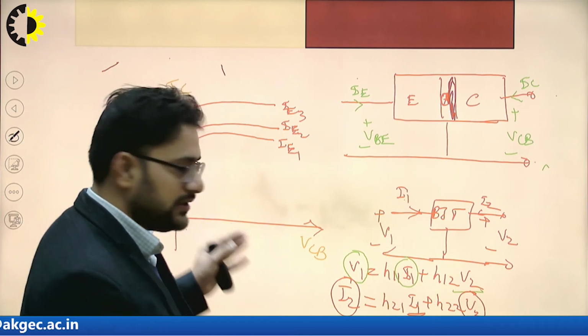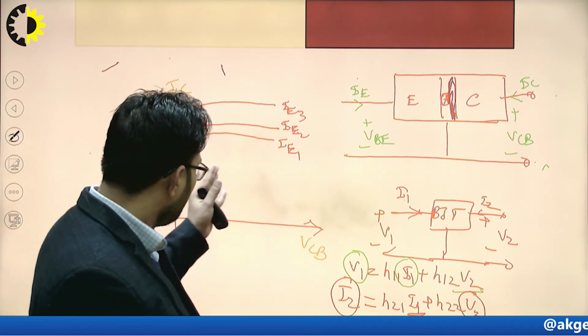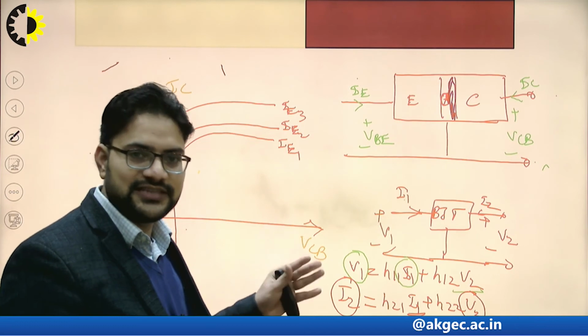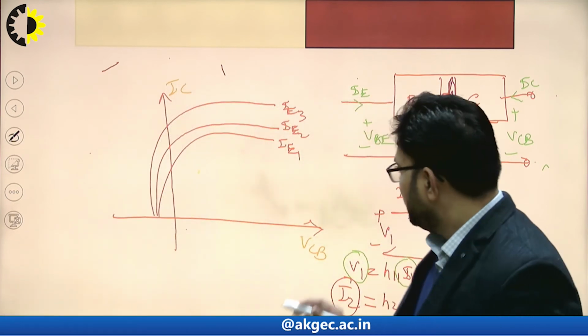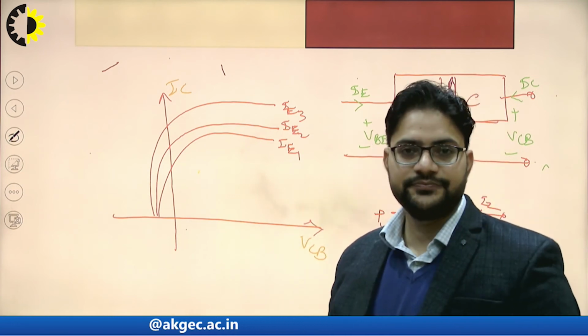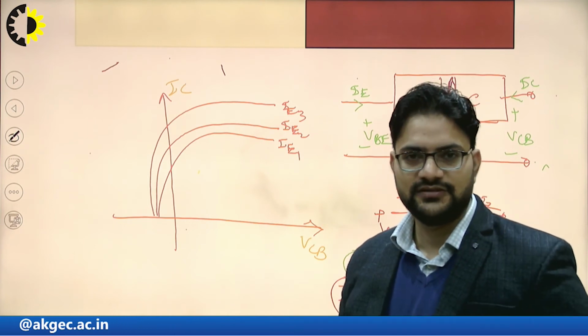So this is your output characteristics of the transistor. If we want to find the active region, cutoff region and saturation region in these characteristics: active region means the emitter base junction is forward biased and the collector base junction is reverse biased.